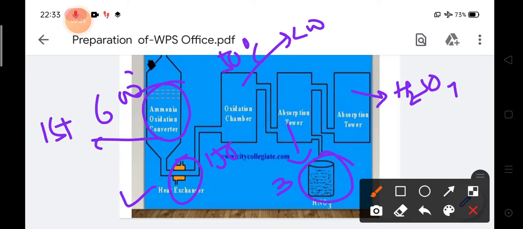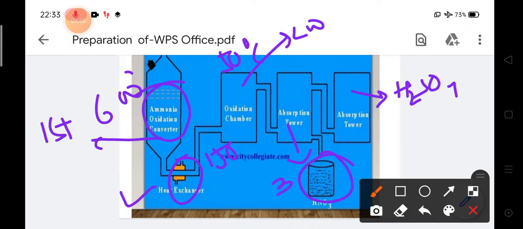So this is the holistic diagram by which we can understand the Ostwald process in brief, and this is how HNO3 is manufactured by the Ostwald process.